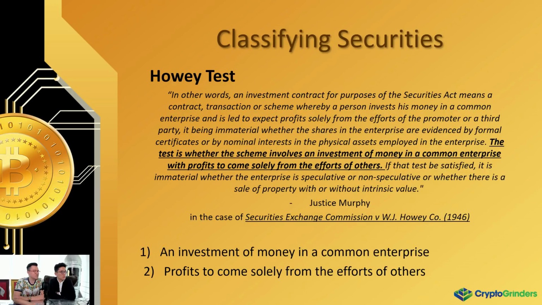So, classification: the Howey test. The two points to take note of: the test is whether the scheme involves an investment of money in a common enterprise with profits to come solely from the efforts of others. Right now, you're investing in someone else's company. That's why you're investing in an ICO.